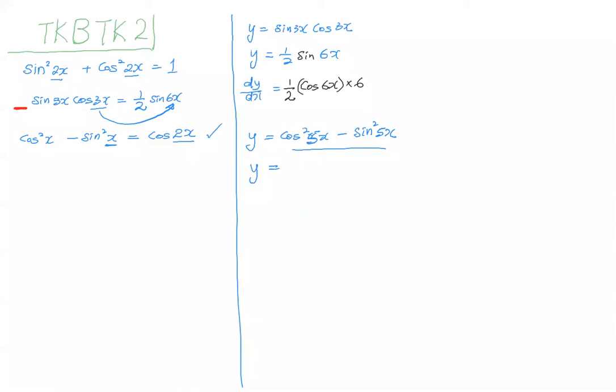Can you compare the formula? Miss, can we change the sine squared 5x to cos squared x minus 1?